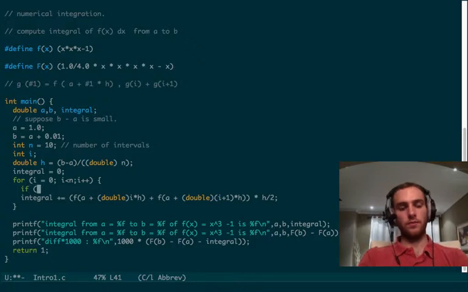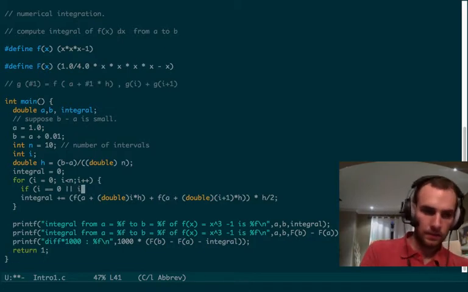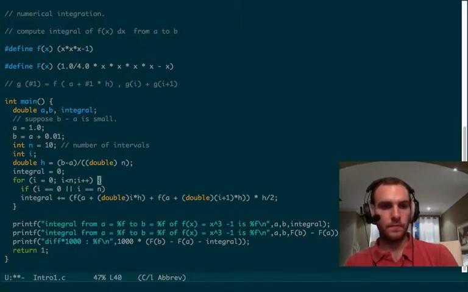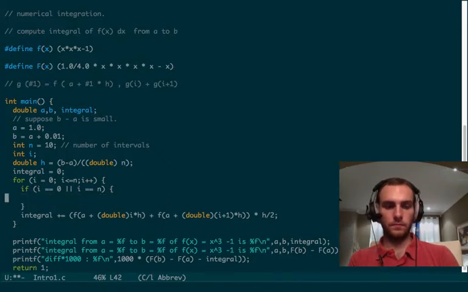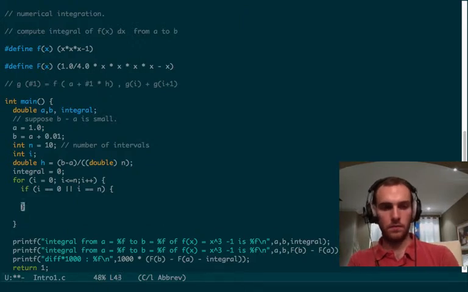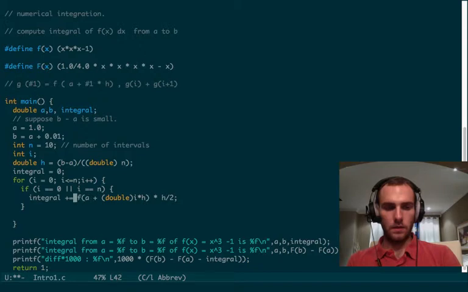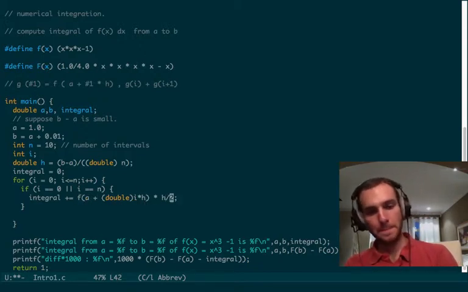So, one kind of ugly way would be if i is the first, or i is equal to n, then we add g of i over 2.